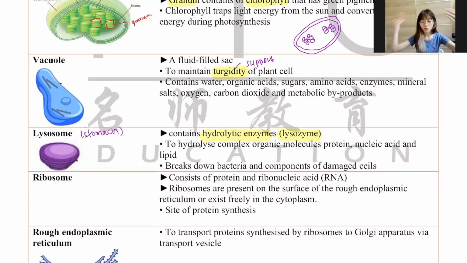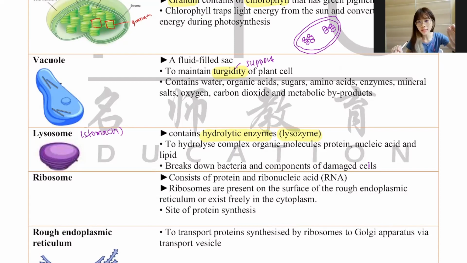So back to humans again. What is the function of the enzyme in your stomach? It is to digest food, right? Same goes for lysozyme. They are used to digest substances. For example, they will digest organic molecules, bacteria, and damaged organelles. Let's say the chloroplast is not working well anymore.